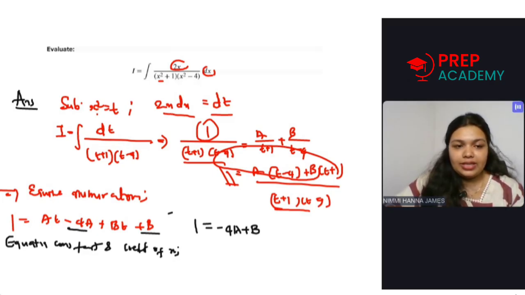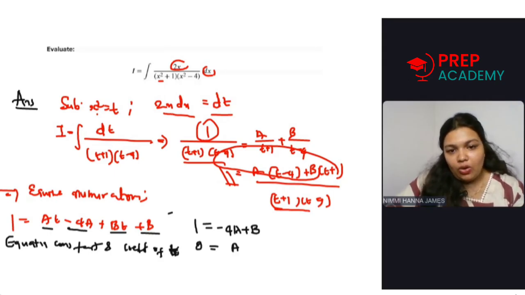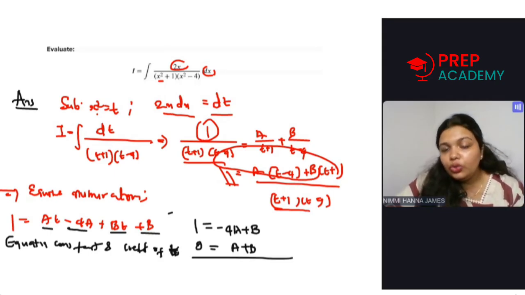Sorry, here we had t; we changed the function from x to t. So we are checking the coefficient of t. On the left side, the coefficient of t is 0. On the right side, the coefficient is a plus b.